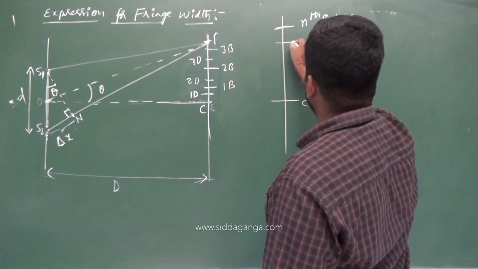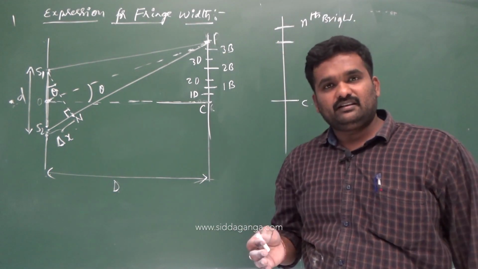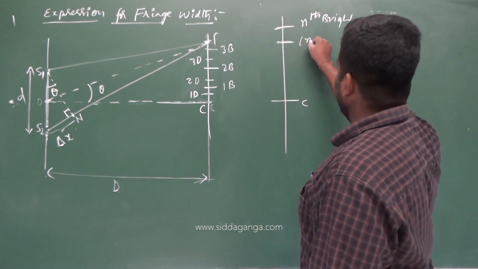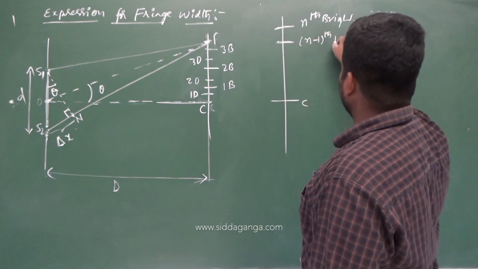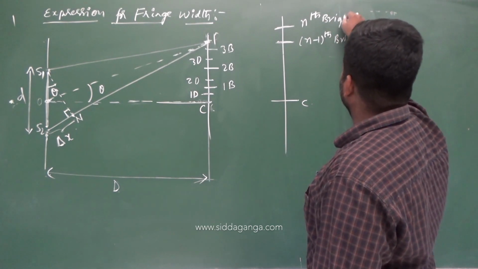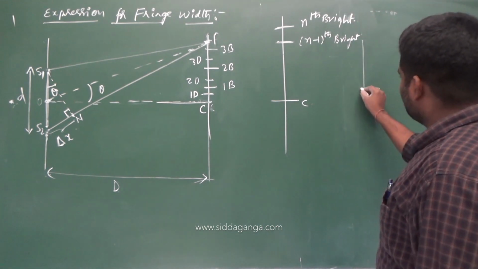And what about this one? Before that, which bright fringe will be there? Before the value of n, what value are you going to get? n minus 1. That is why it is the n minus 1th bright fringe I am going to consider. This is nth bright and n minus 1th bright. I just want you to write the formulas for them.